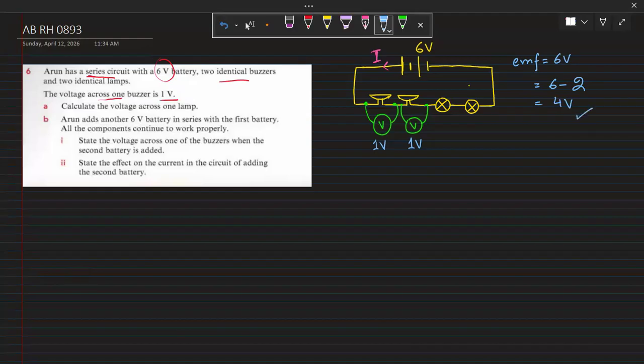If I place another voltmeter here, let me call them V1, V2, V3 so that we can identify them. V3 will show, since we have 4 volts divided across these two identical lamps, each lamp is going to have 2 volt.